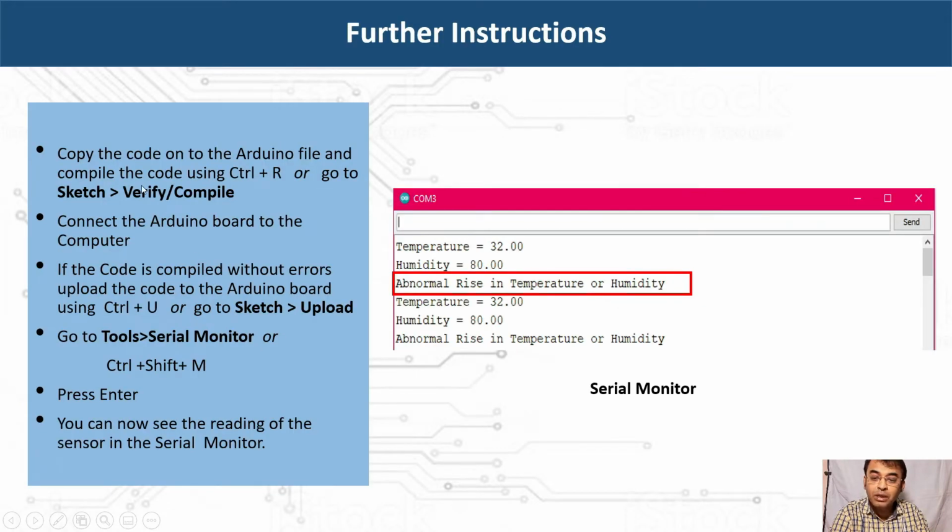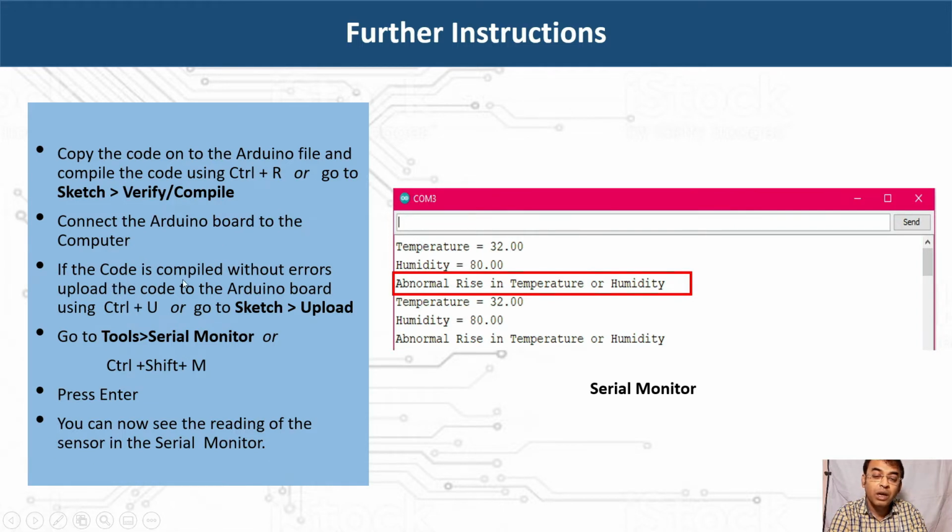Now copy the code onto the Arduino file and compile the code using Ctrl+R, or go to Sketch, Verify or Compile, or you can just click on upload. Connect the Arduino board to the computer.